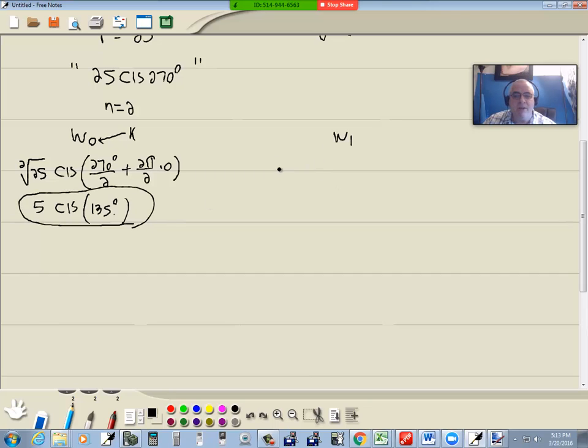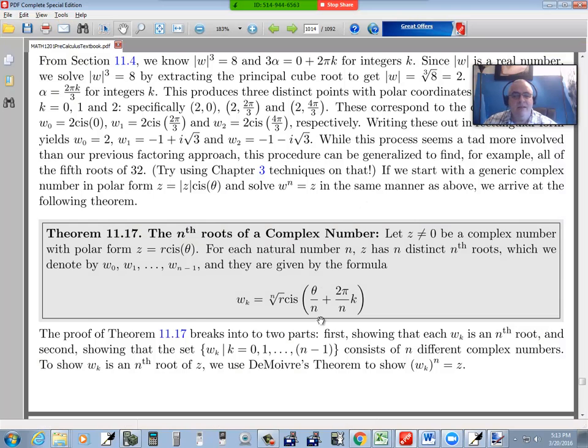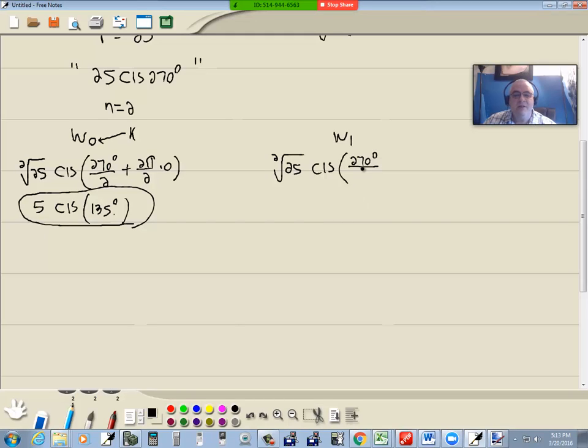Now we do the same thing on this one. So we have the nth root of r CIS 270 degrees divided by n. So that's still 2, plus 2 pi over 2 times k, which in this one is 1. So times 1. So that gives us 5 CIS. I put this into degrees, and I'm having a mixture of degrees and radians here.